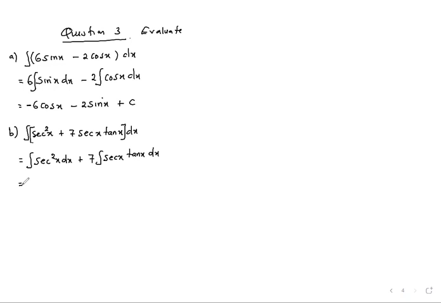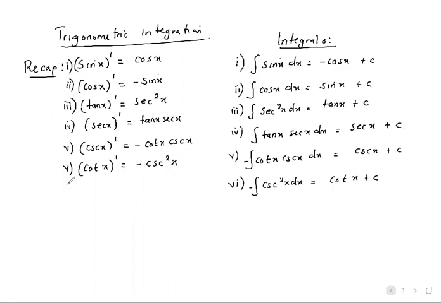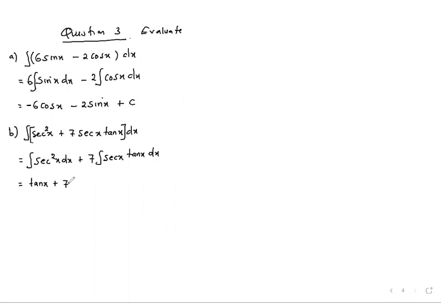So what's the integral of sec squared? It's tan x. And then plus 7, what's the integral of sec tan? If we check, the integral of sec tan is sec. So we just put sec here, and then plus c. So that's the solution there.